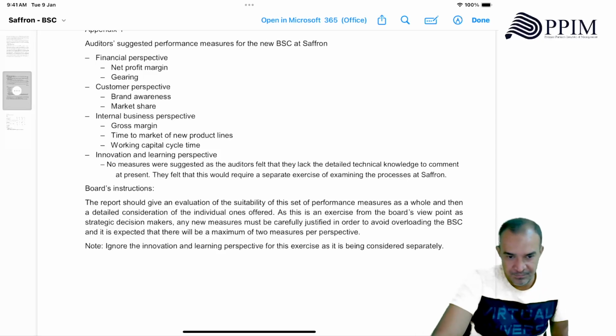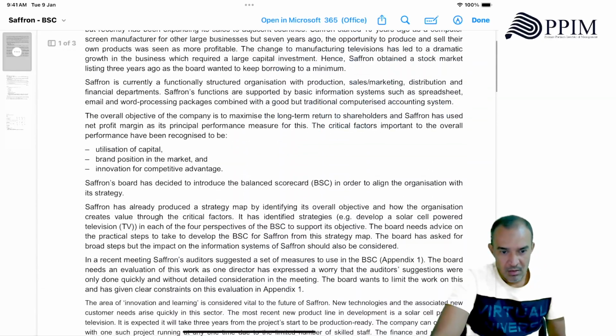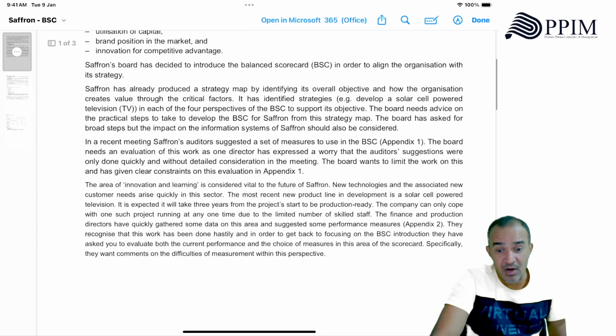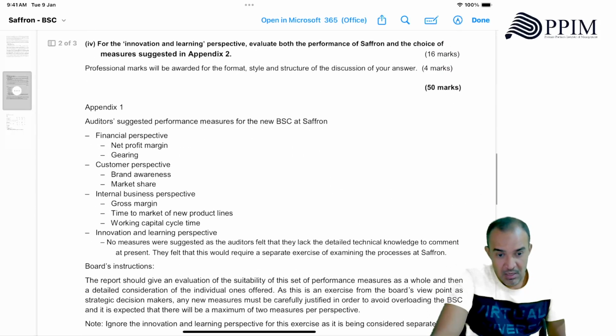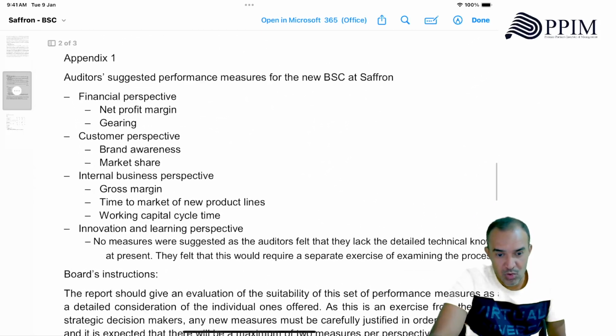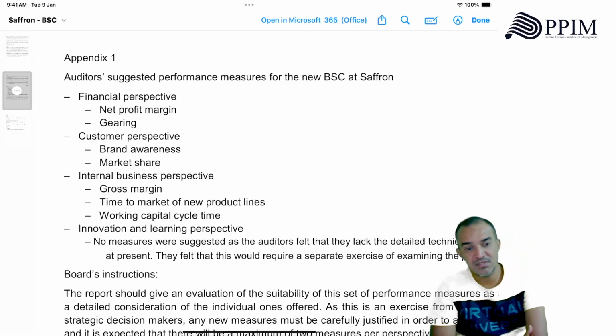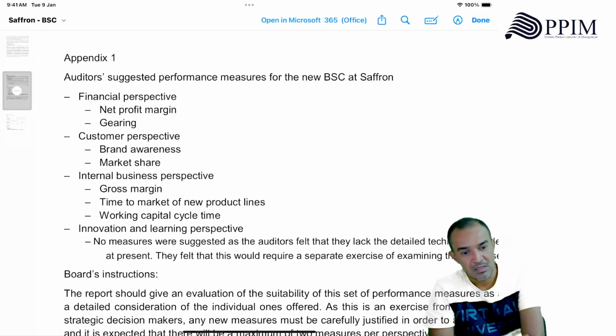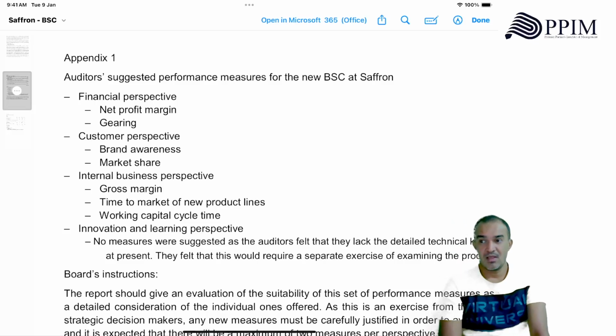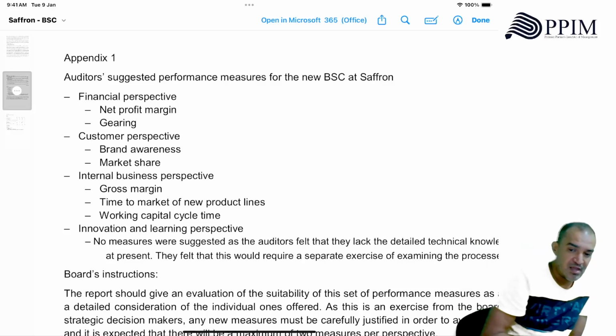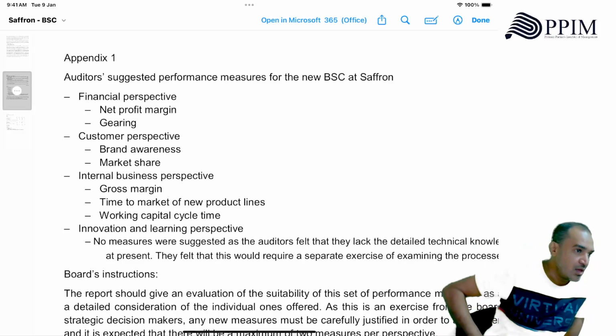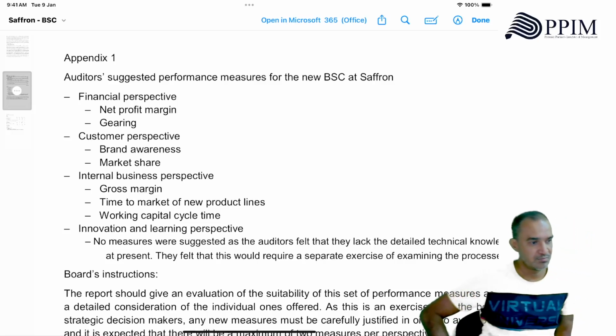Number three, innovation for competitive advantage. They are measuring it through gross margin, internal business perspective, isn't it? Time to market of new product lines, working capital cycle time. What is the first point you will say? They have three measures. We can't have three measures. We can only have two.